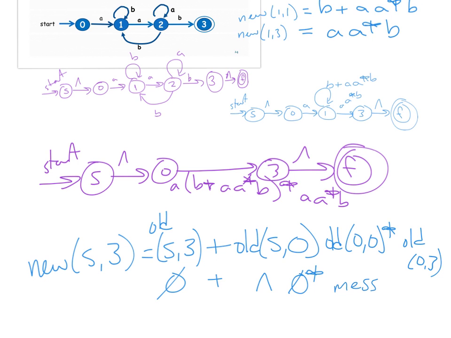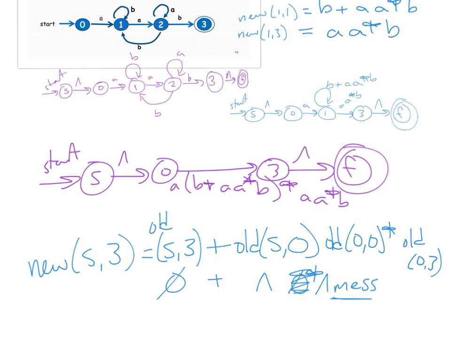And of course our empty set star is the same as lambda, so we just end up with our mess. So really all we need to do to eliminate state 0 is copy that stuff in as the transition from S to 3, which is kind of what we figured.